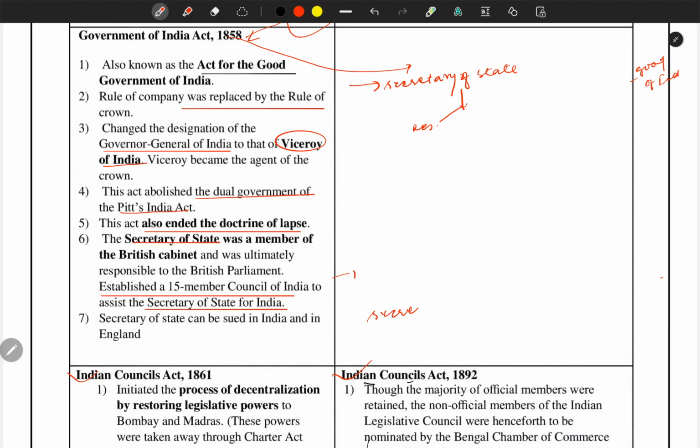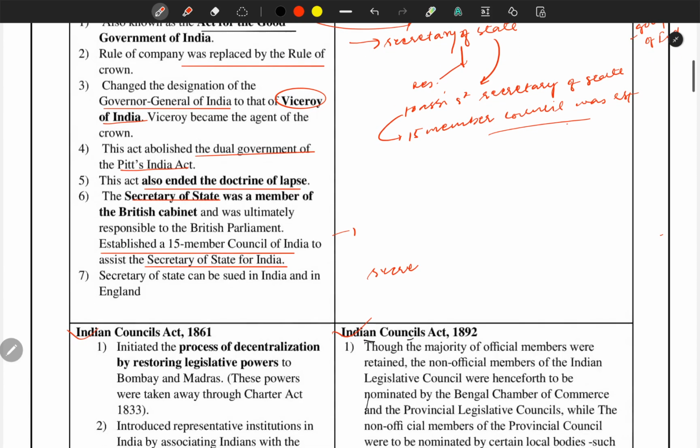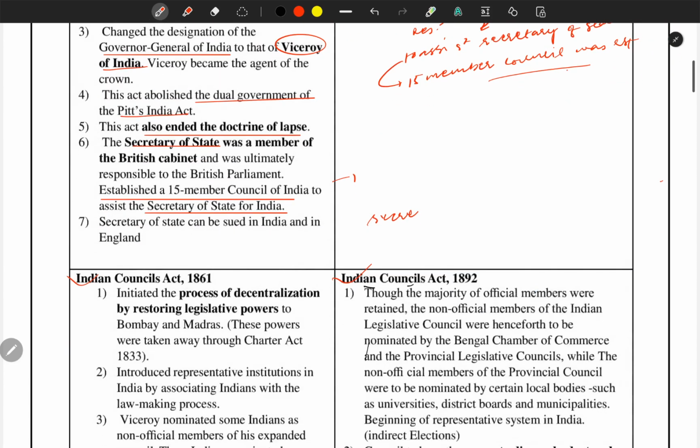To assist the Secretary of State, a 15-member council was established. This is also an important point: the Secretary of State can sit in India as well as England.